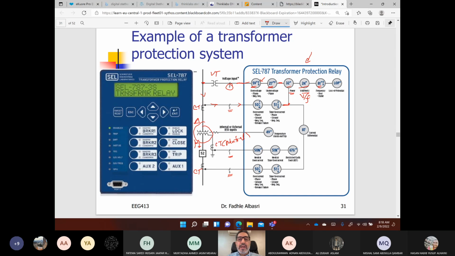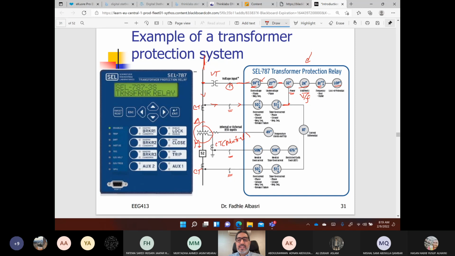From the voltage here, I can detect loss of potential. Meaning, is the breaker open at this side? Is there any supply coming to the transformer? If there is no voltage, it is a loss of potential condition, we call it. So all of these require voltage as input, okay?